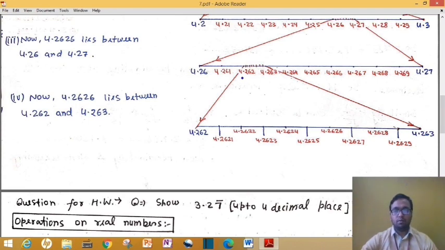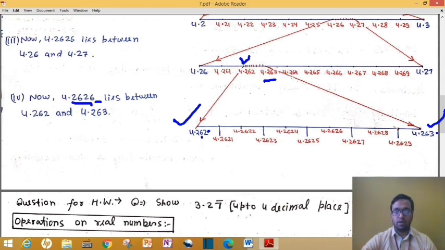This magnified view is like that. This 4.262, this is 4.262 and 6 more. Okay, so 4.262 is mentioned here and 4.263 is mentioned here. Again we will think here we have mentioned 0 and here it is also mentioned 0.